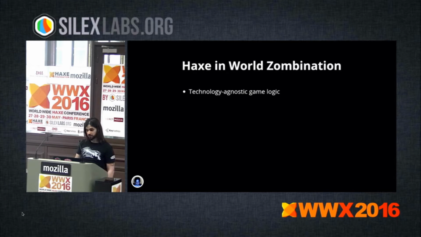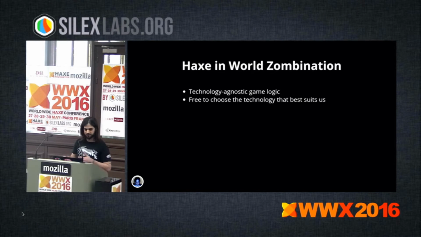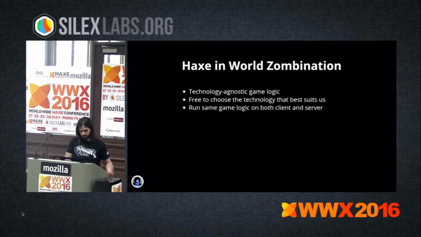We have some game logic running the same code on both the client and the server, especially because we cannot trust the client to give results, so we do it also on the server. That allowed us to be free to choose whatever technology best suits us, not the other way around, like, oh yeah, we are Unity developers or whatever.